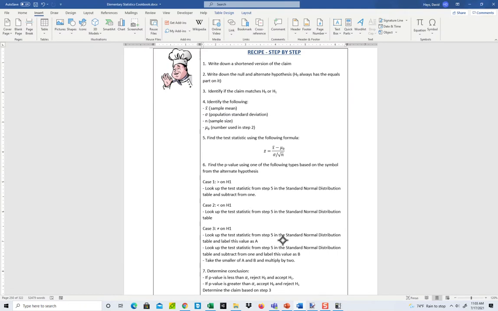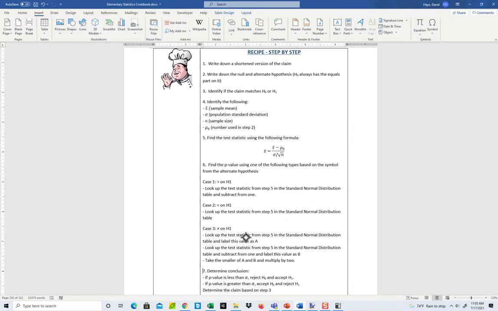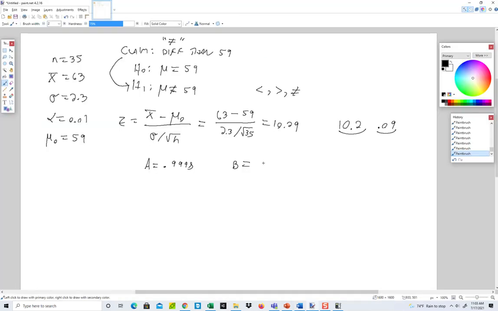And this says after we look that up, label it as A. Then subtract it from 1 and label this as B. So B is going to be equal to 1 minus what we just found there, which I'm not very good with decimals, but I think that's, yeah, 0.0002.